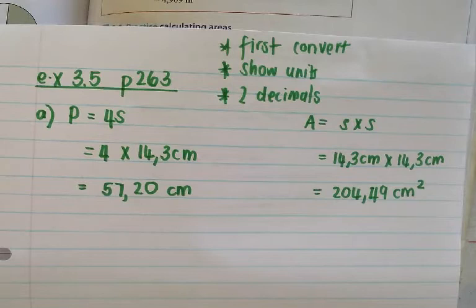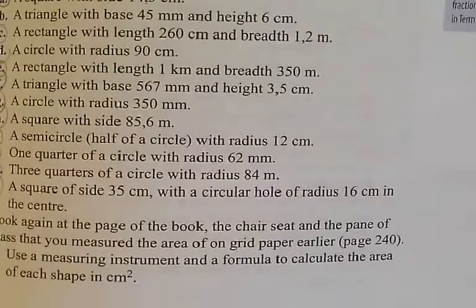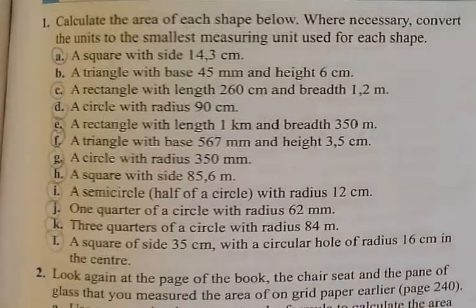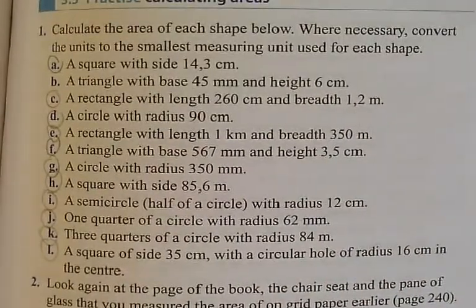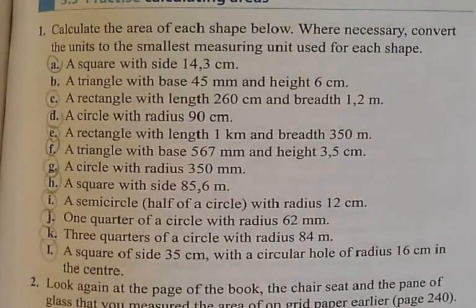Okay, can I show the questions? Okay, I'll zoom in again, Morgan. Yes, you can. So remember, B, you will not do the perimeter, but you will only do the area for B. The rest, area and perimeter, please.